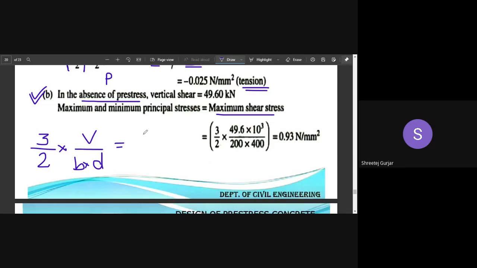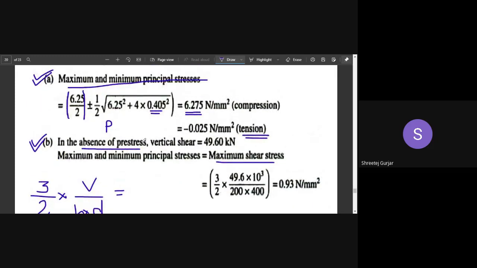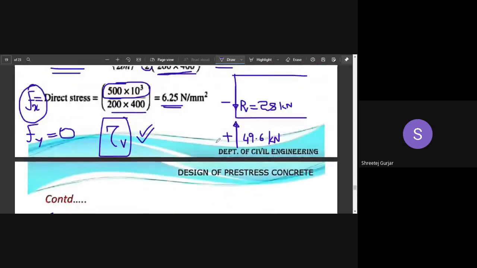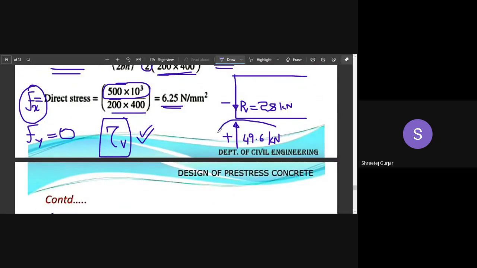Here V is the vertical shear. Vertical shear is 49.6 kilonewton. Here you can see this is 49.6. That is the reaction. This vertical component of your pre-stress 28, which we had calculated, is not existing, because there is no pre-stress P which is acting.